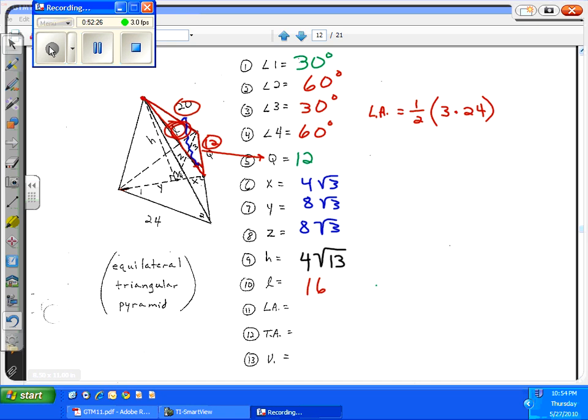The slant height is L. The slant height is this, not the edge. It's L. It's not that. The slant height is L, which came out to be 16.